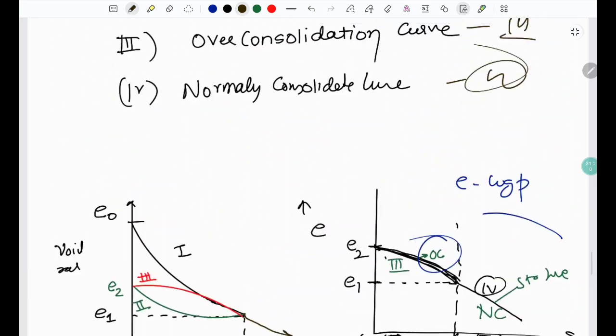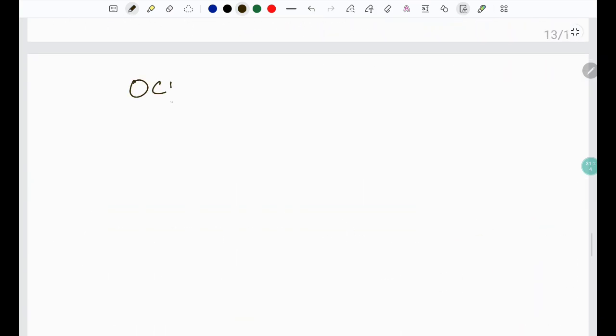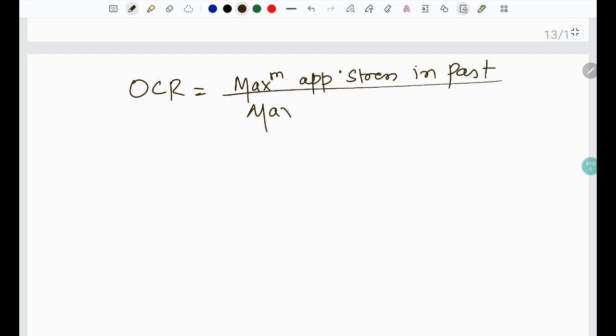And then we have the concept of over consolidation ratio, OCR, which equals the maximum applied stress in the past divided by the maximum applied effective stress in the present. It can be greater than 1, equal to 1 or less than 1.